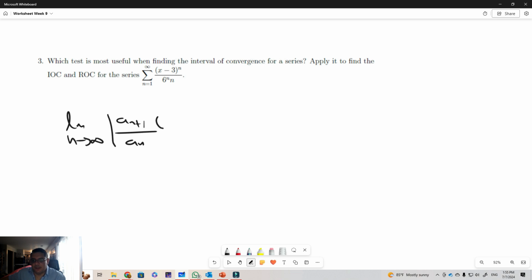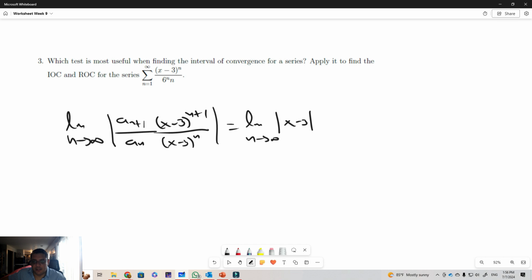So here I'll be doing the ratio test, and so I'll be going for the limit when n goes to infinity of a(n+1) over a(n), and on the top is (x - 3) to the n plus 1, and below (x - 3) to the n, and this is just going to be the limit when n goes to infinity of the absolute value of x minus 3.